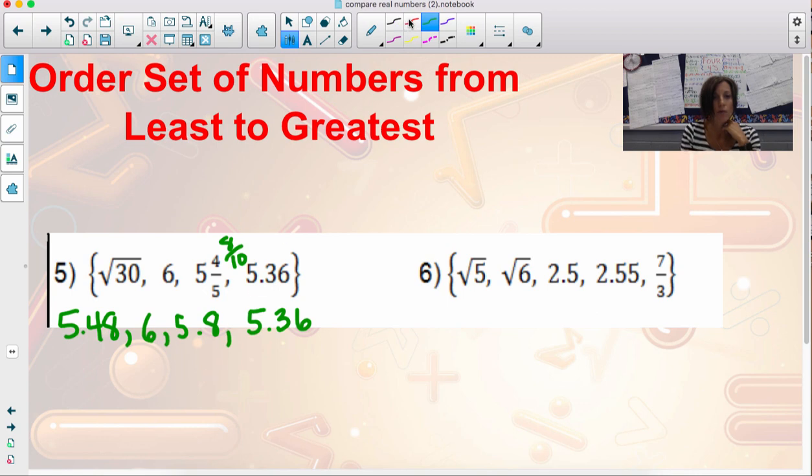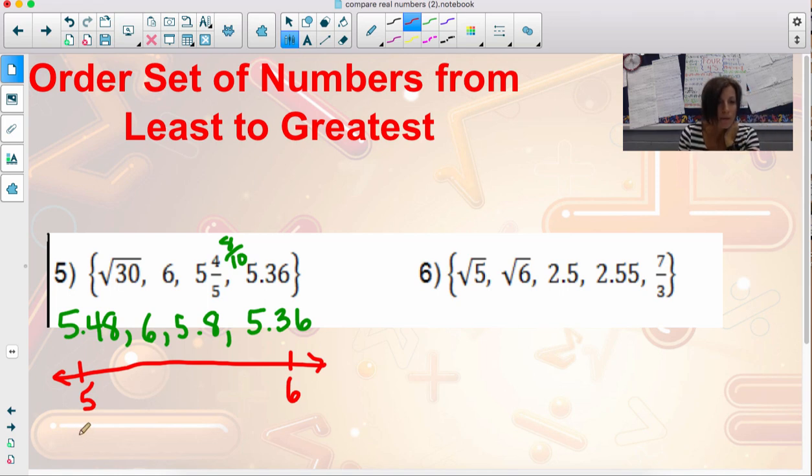Now I have to put them in order from least to greatest. So you should be imagining the number line 5 to 6. The closest one to 5 would be 5.36. The next one would be square root of 30, which is 5.48. Then we have 5 4/5, which is 5.8, and finally 6.